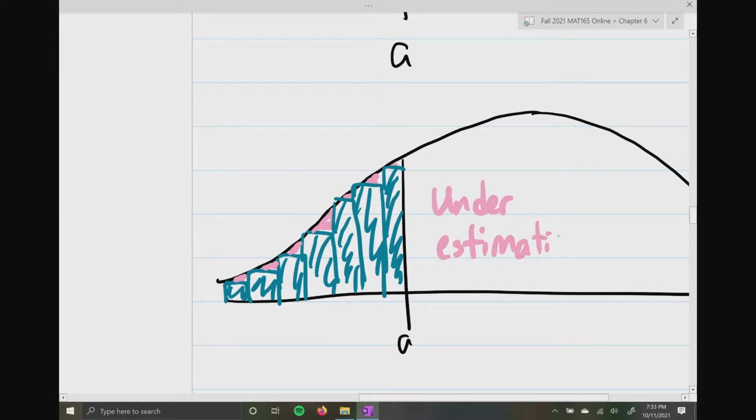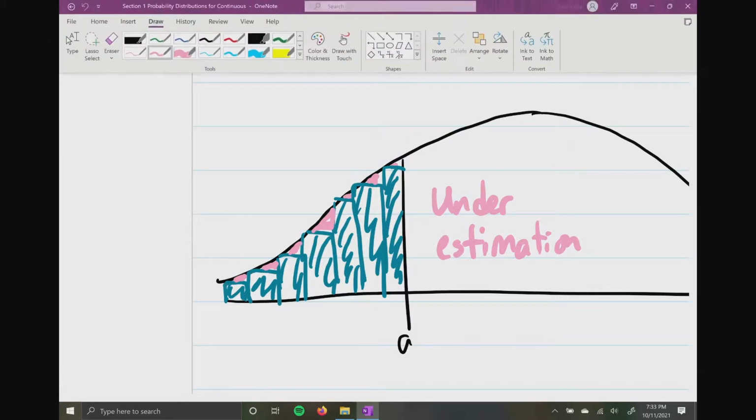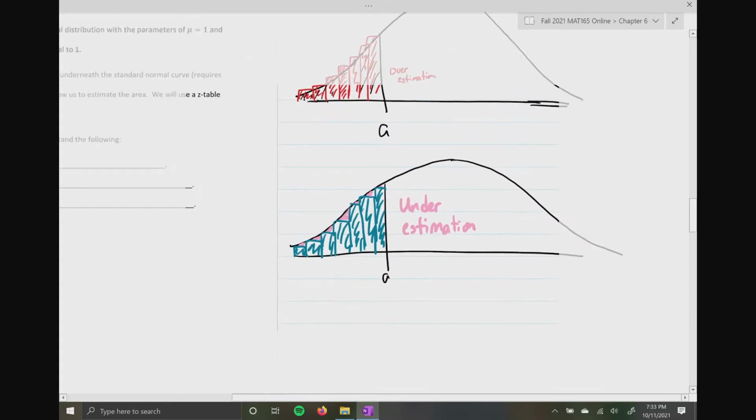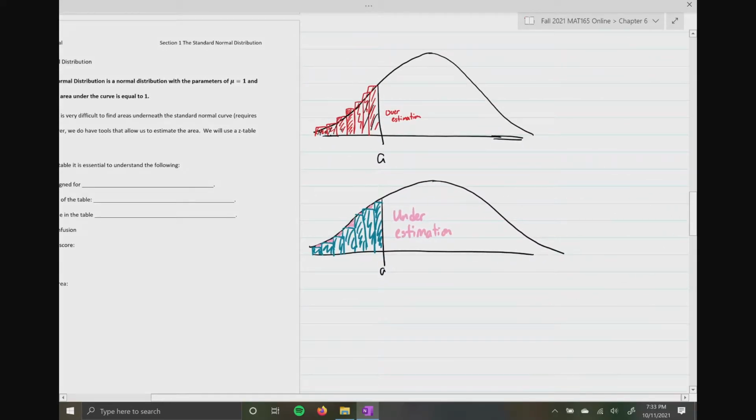Okay? So if we think about this critically now, we know that the true area has to be somewhere in between the area in red and the area in blue. But like I said, in order to solve that, we would need calculus.